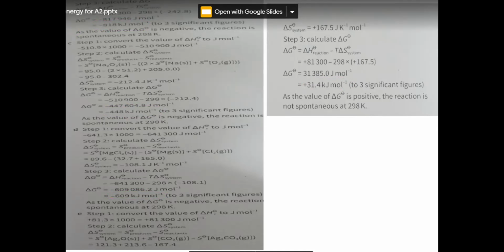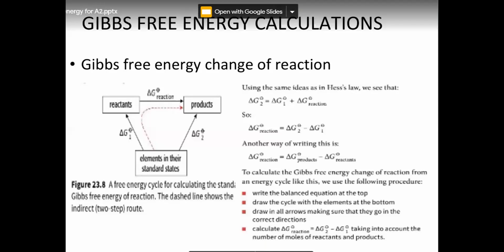Proceeding further. Now we know how to calculate the Gibbs energy if the enthalpy change of a reaction and entropy is given to you. But now moving on to the other type of calculation. If they ask you to calculate the Gibbs free energy change of a reaction, then like, for example, if they ask you to calculate enthalpy change of a reaction, then what do we do? We subtract the enthalpy of the reactants from the enthalpy of the products.